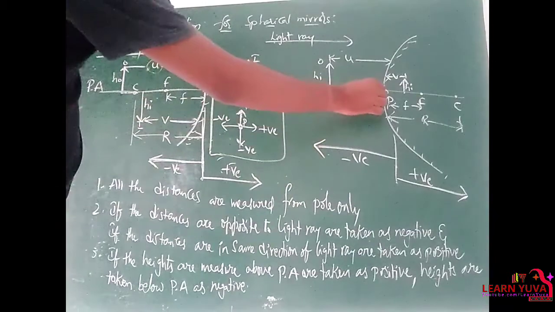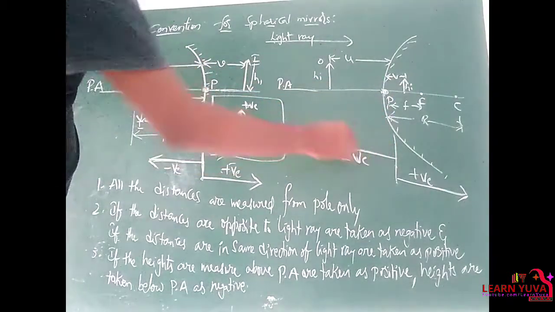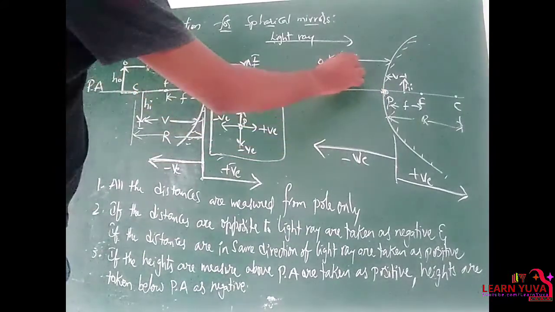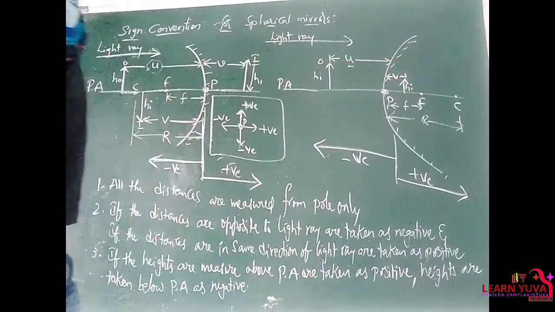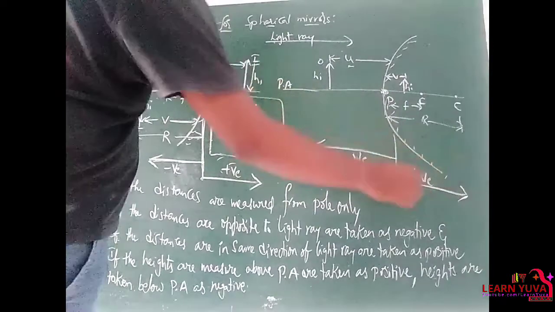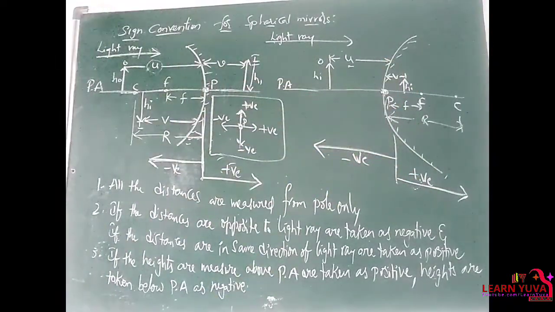If the distance is measured towards left hand side, we take it as negative. So object distance u is negative for convex mirror. v is positive for convex mirror, right? Because it is traveling towards right hand side, so right hand side positive.